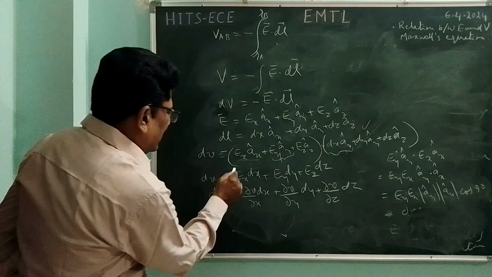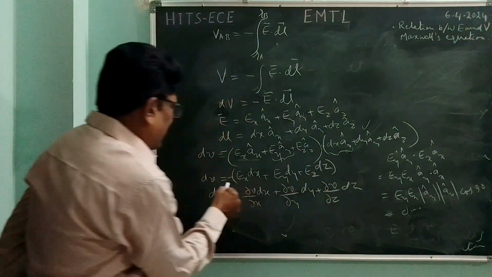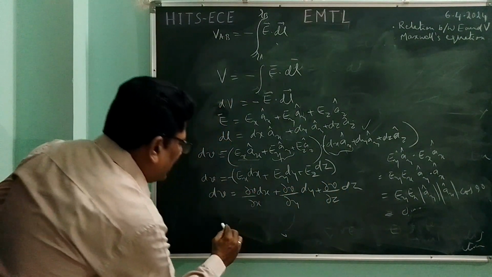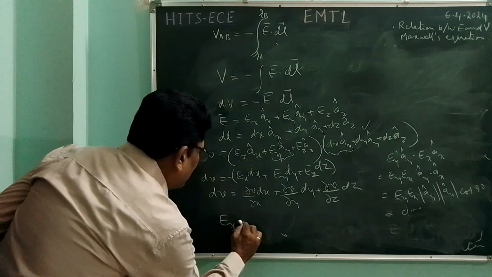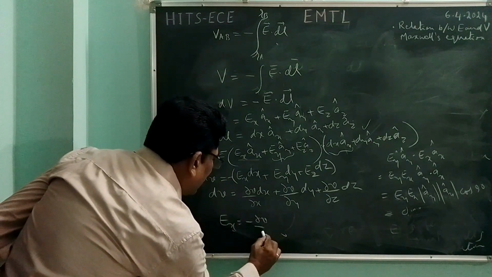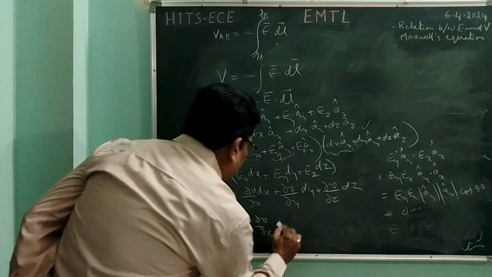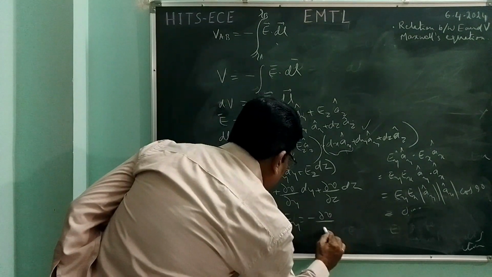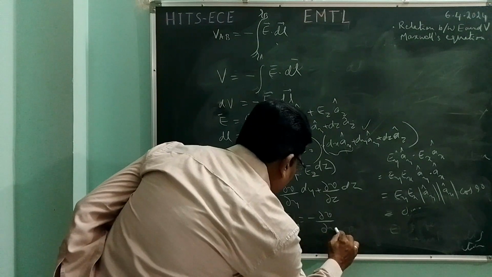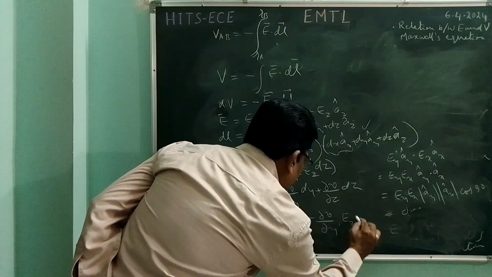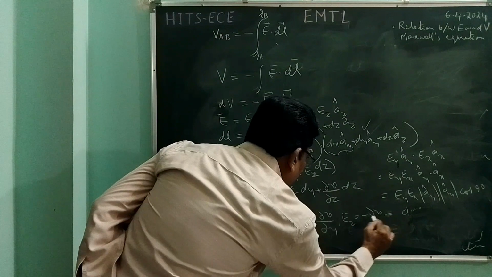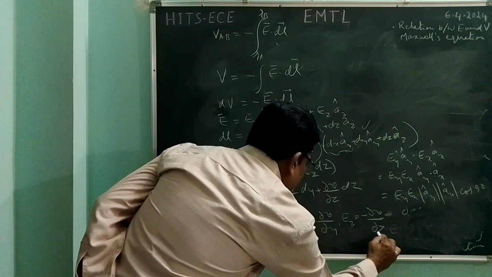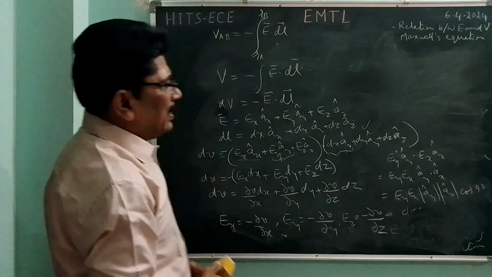So we'll get minus of this. If you compare these two now, we will get Ex is equal to minus del V by del x, and Ey is equal to minus del V by del y, and Ez is equal to minus del V by del z.